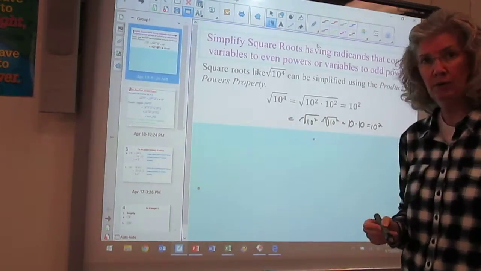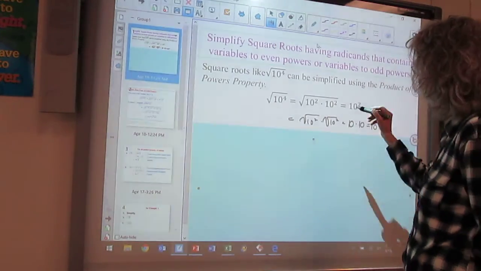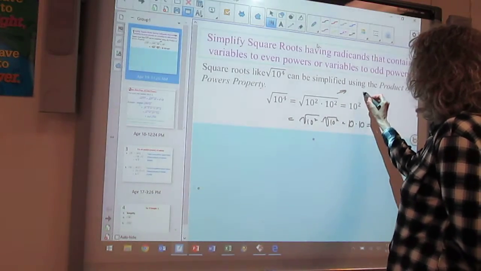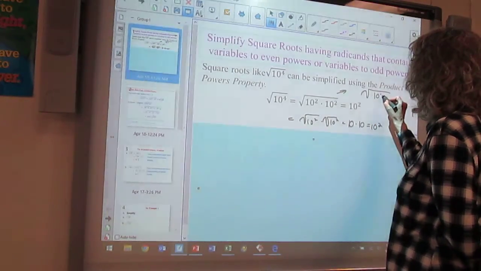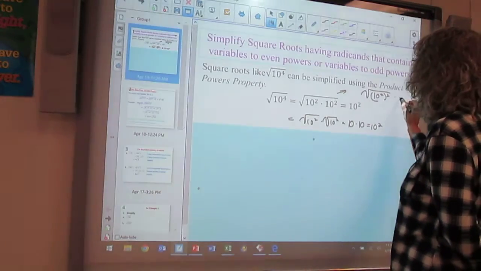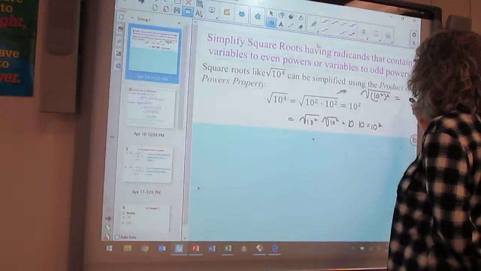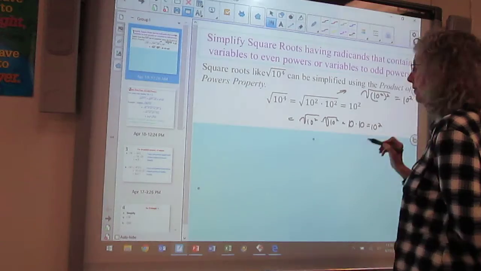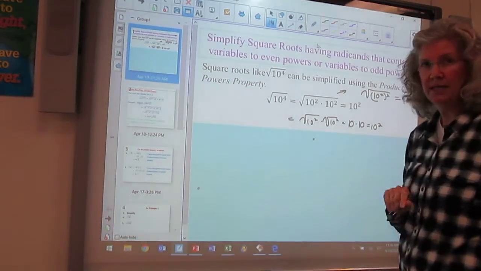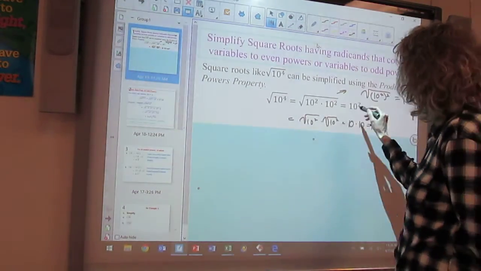So that's one way. Another way is to think of this as the square root of 10 squared quantity squared, and the square root of anything squared is the base, which is 10 squared. So those intermediate steps were not shown there. You would have to go this way or that way.